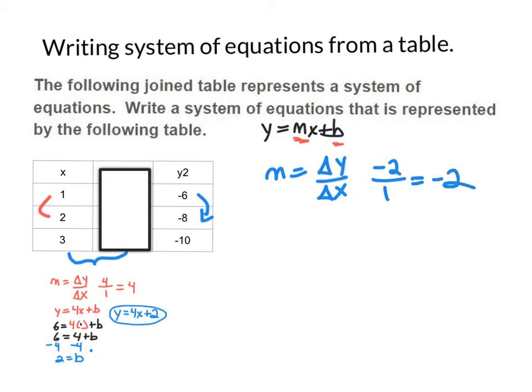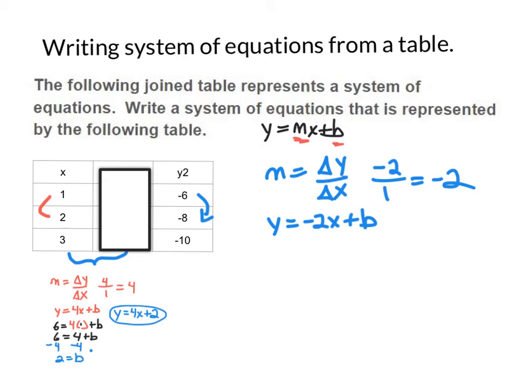-2. Now, again, we're going to write our equation in y equals mx plus b form. So that's -2x plus b. All we've done is plug in the slope. But now we're going to use an ordered pair. We can go ahead and stick with 1. That's probably the easiest one to work with. 1 and -6.